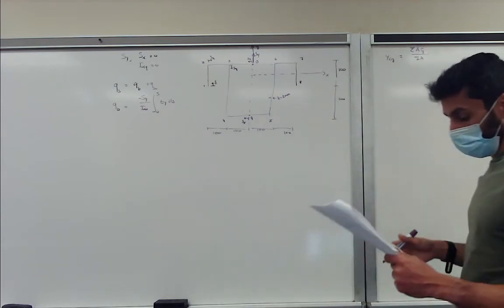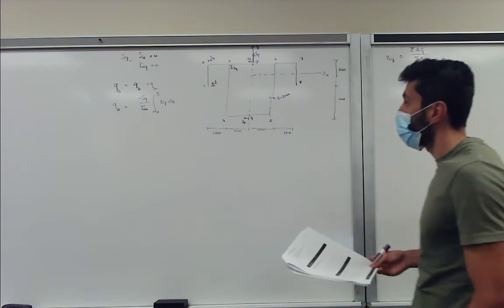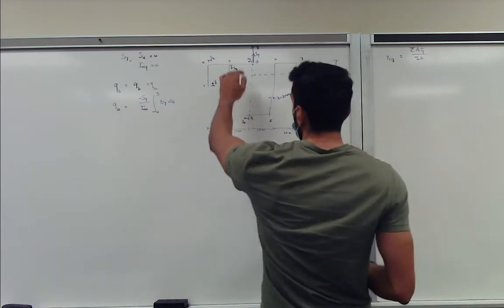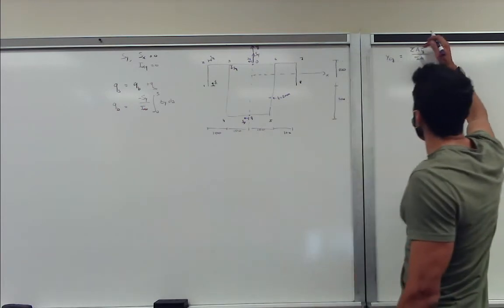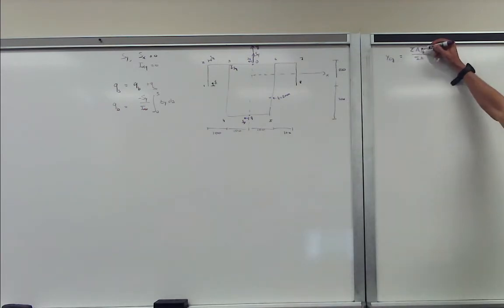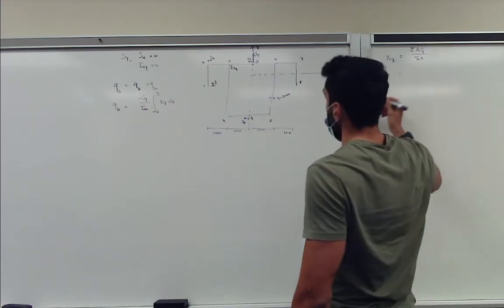In this case, it doesn't really matter where you calculate from. You can choose your reference at the bottom or the top. Let's go for the top in this case. So we do the summation of area multiplied by the distance from the top over the summation of the total area.